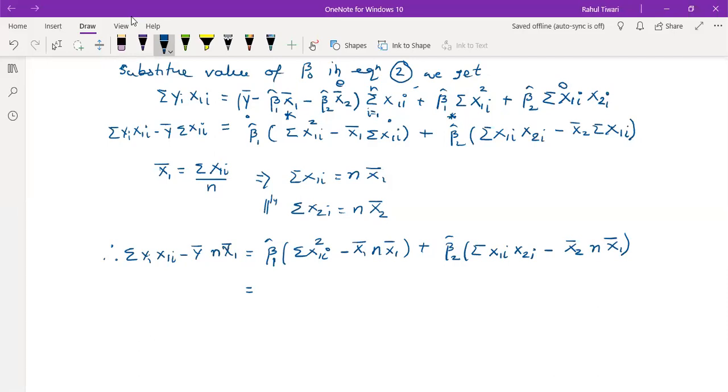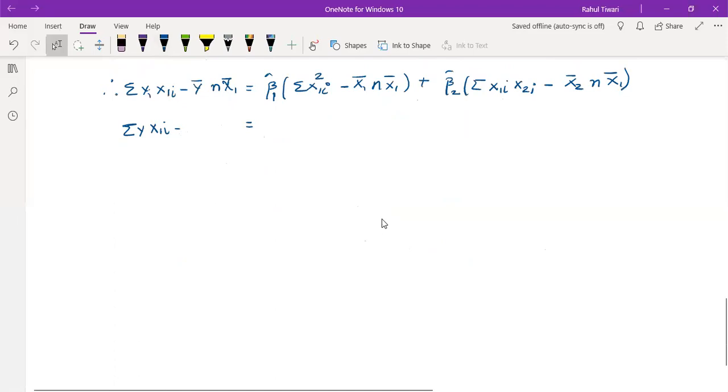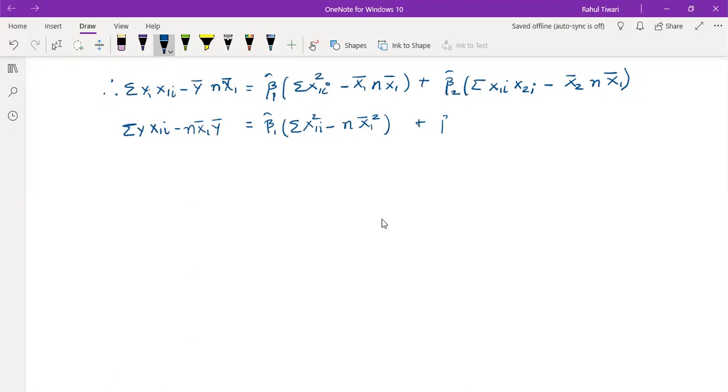So if I do this, this turns out to be summation yi x1i minus n x1 bar y bar, and this is your beta 1 hat, and this is summation x1i square minus n into x1 bar square, plus beta 2 hat summation x1i x2i minus n. I think we cannot do anything here, so we can just keep it in order.